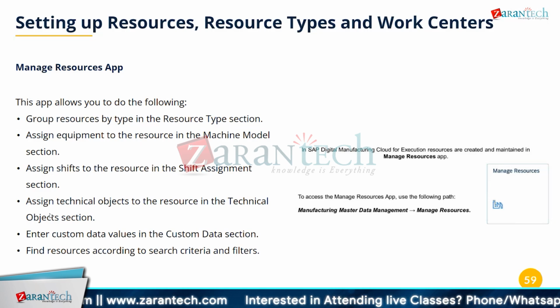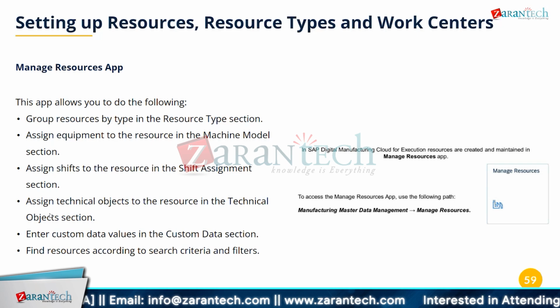In the DMC, to access the resource, you can use the Manage Resources application where you can create, edit or modify your resources. You can also assign the equipment you are creating to the resources, in the asset management application in DMC. Second, you can assign shifts to the resource.